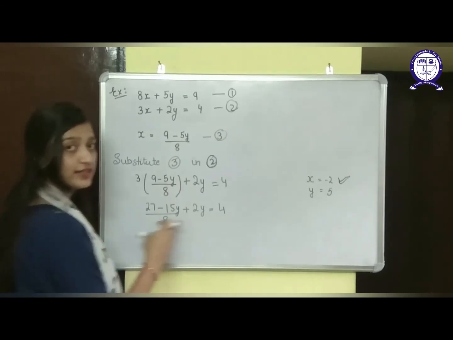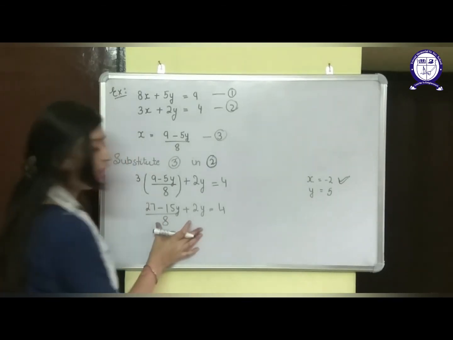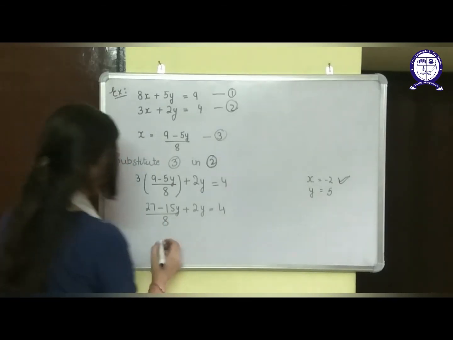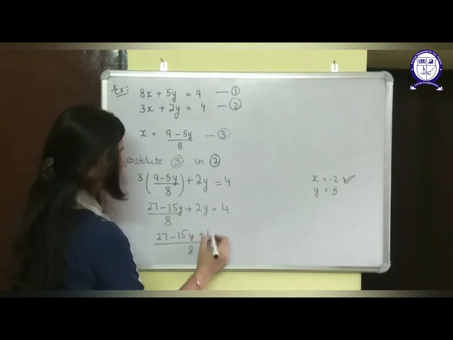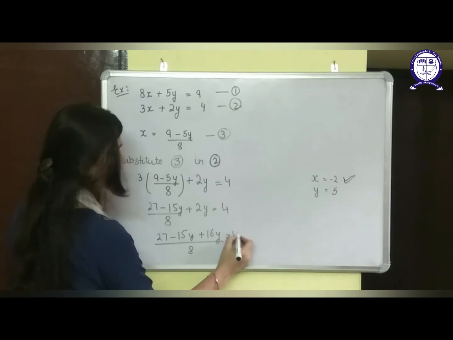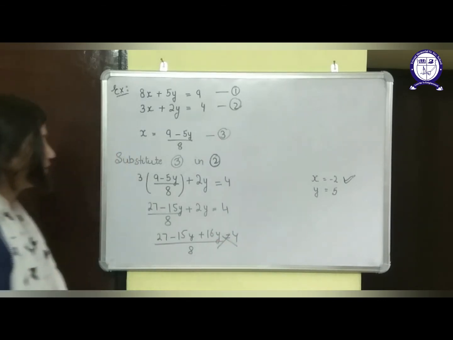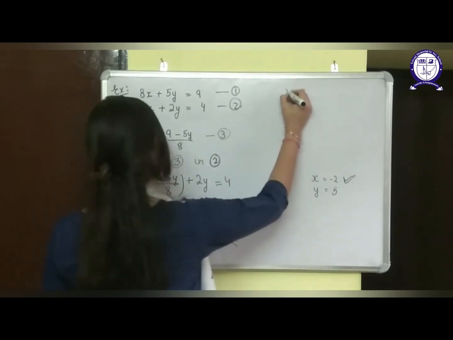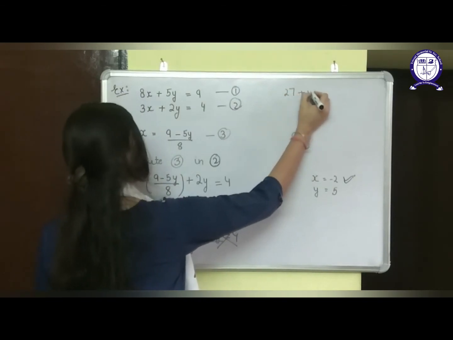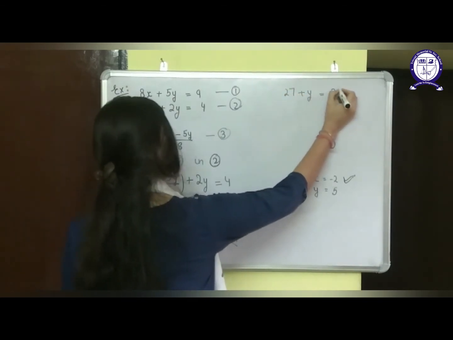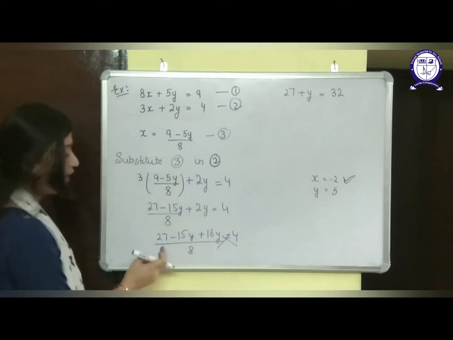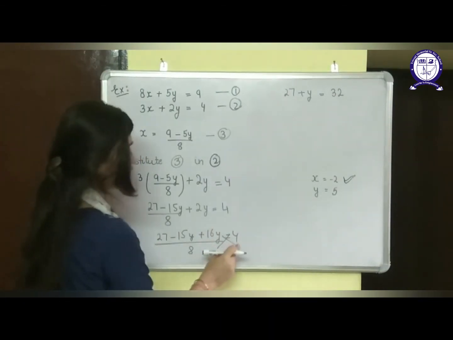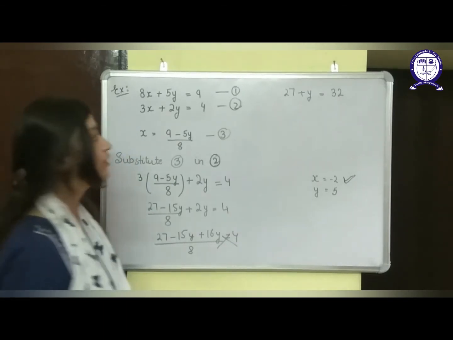Now I cannot take this 8 to the other side directly. First of all, I will take the LCM. So it will be 27 minus 15y plus 16y equals 4 times 8, and then cross multiply. It will be 27 plus y equals 32. Right? Minus 15 plus 16 will be plus y, 27, and this will be 8 into 4, 32.